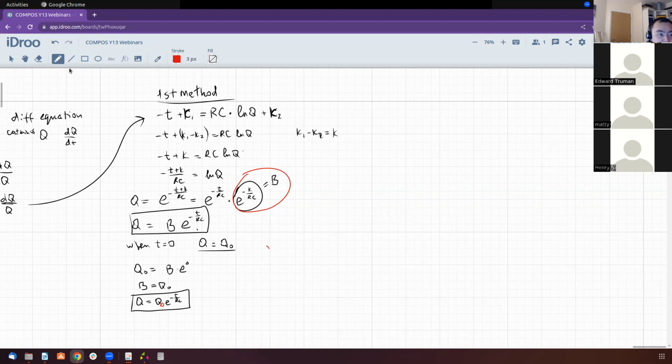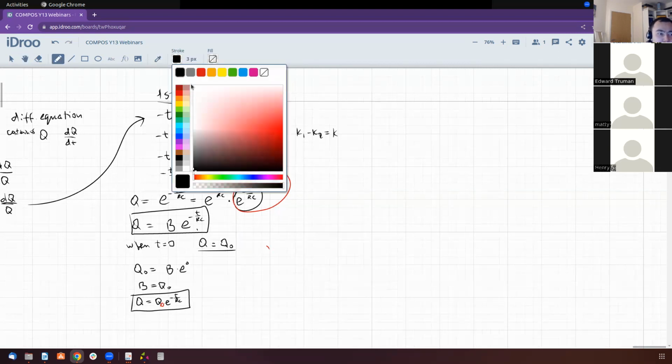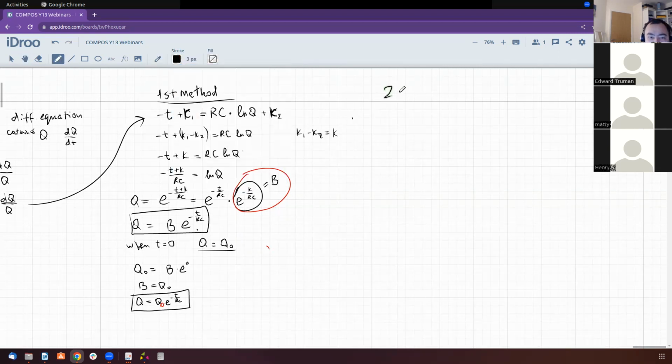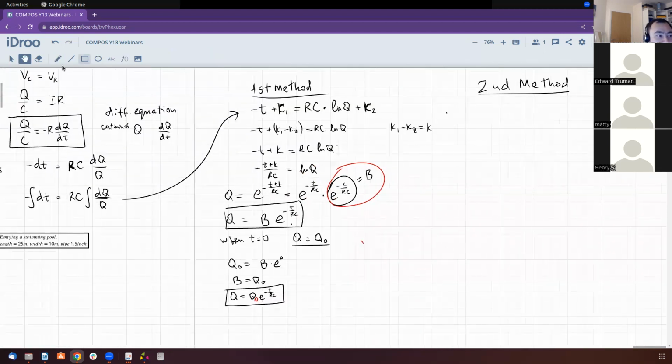So what I do instead, the second method: I have this differential equation, the integrated version, dt equals RC integral of dq over q.